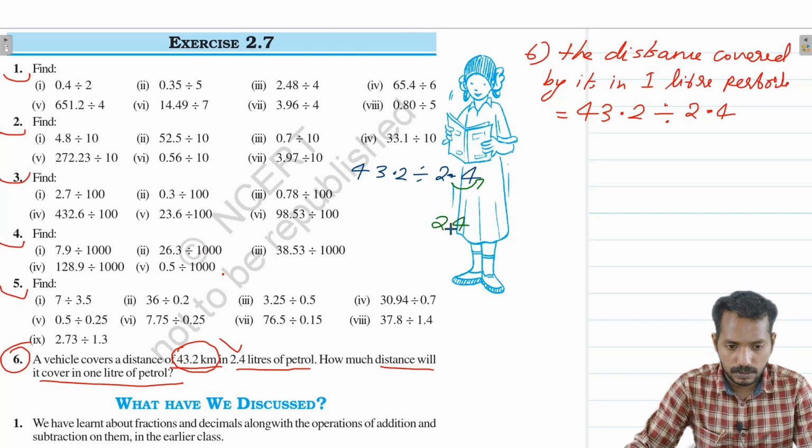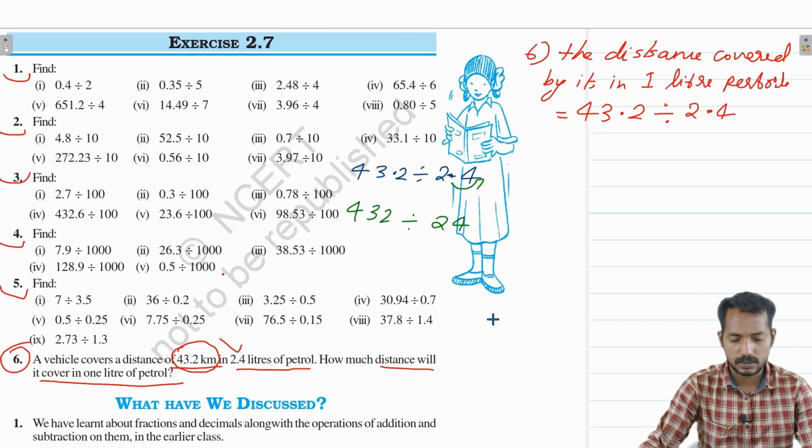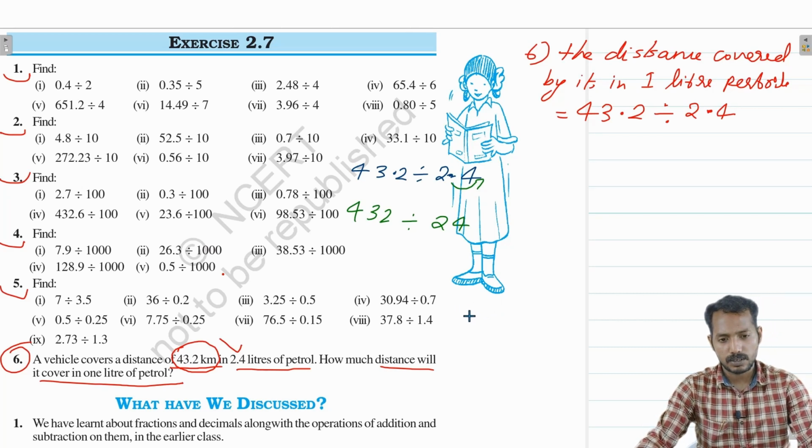As we shifted here one place, obviously here also. So we will get 432. Now let's divide 432 by 24. Very easy one. 432 divided by 24, we will get the quotient. 1 into 24 is equal to 24.